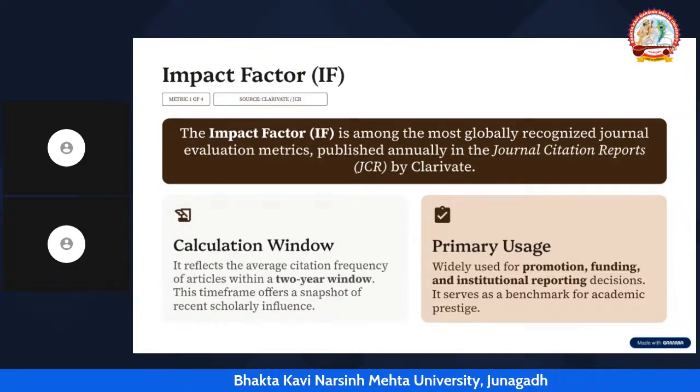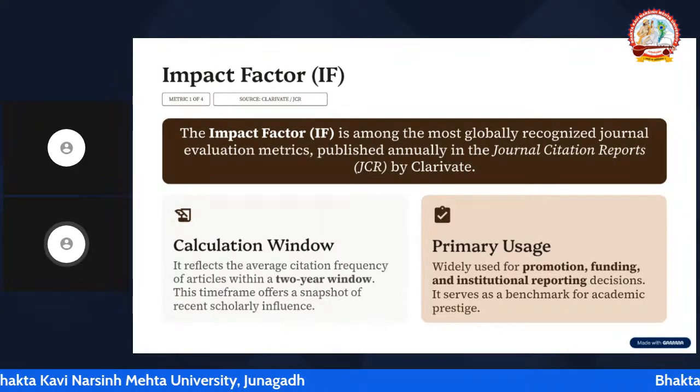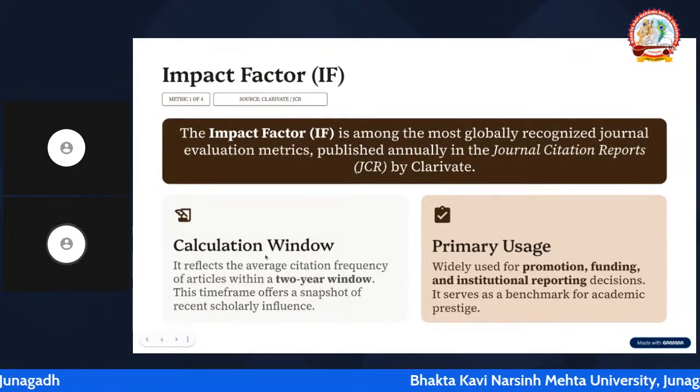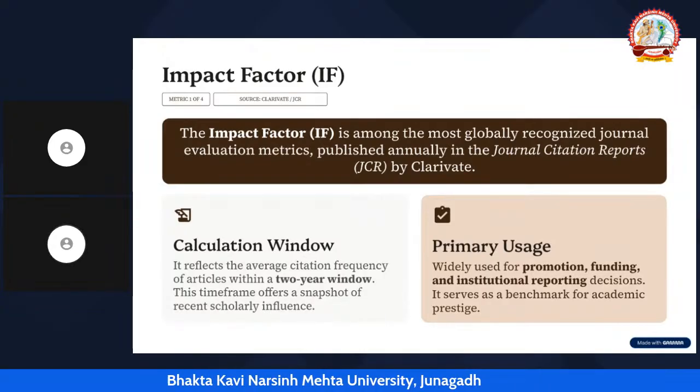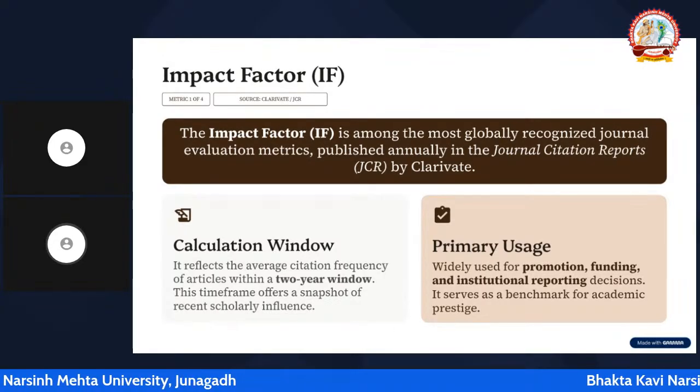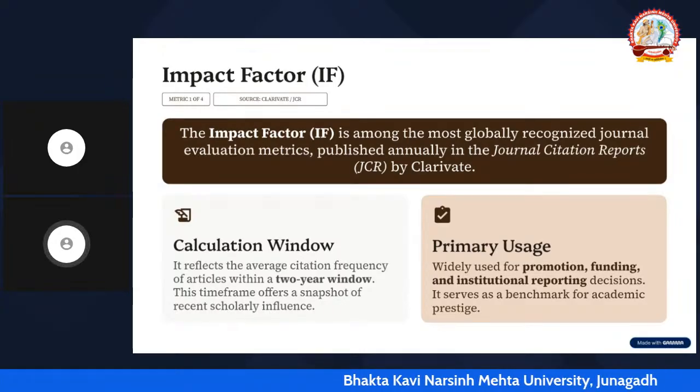So how is it calculated? First we measure the calculation window. We use 2 years. Over the last 2 years, how many papers have been collected, and what about the citations for that particular journal? That indicates the impact factor.